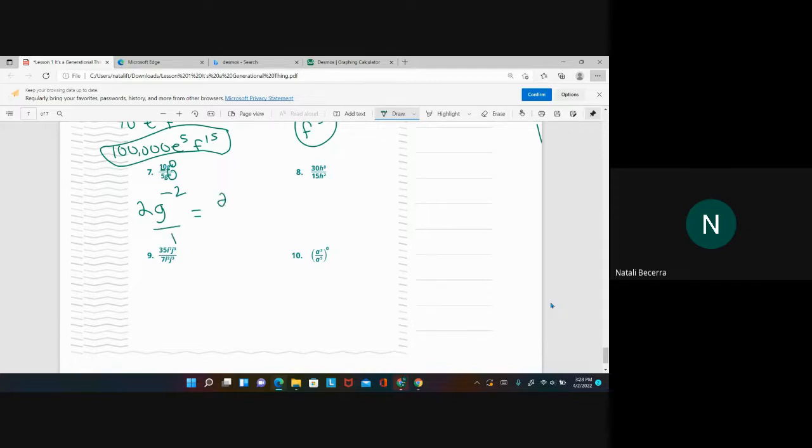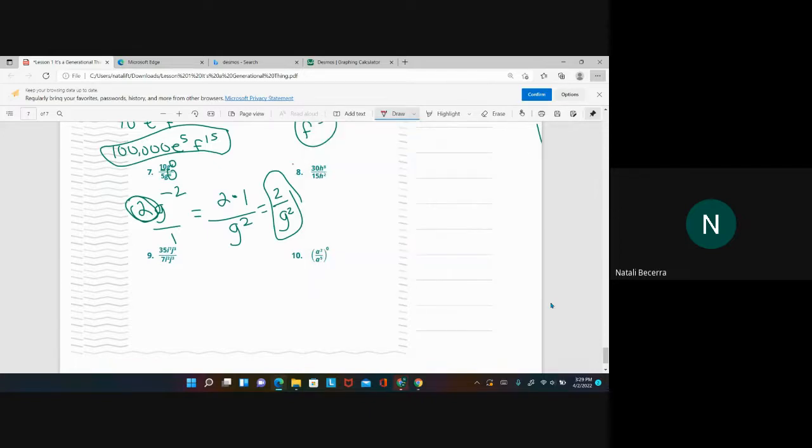So you have 2 at the top still, but then you're going to have times 1, because that 1 is going to flip to the top and the G is going to come to the bottom, and then you're going to have G to the power of 2. 2 times 1 is just 2, so this is actually 2 over G to the power of 2. Anytime you have a number right here, that number is going to stay at the top, okay? That number is always going to stay at the top. That one doesn't flip. Only the base flips. All right.